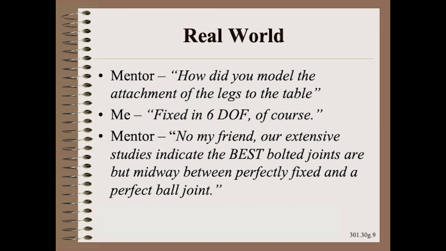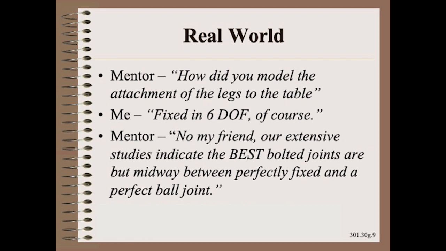Then came the real lesson about the real world. My mentor asked, how did you model the attachment of the legs to the table? I replied, well, fixed in 6 degrees of freedom, of course.